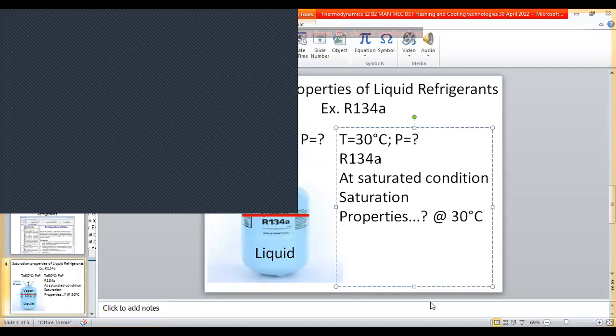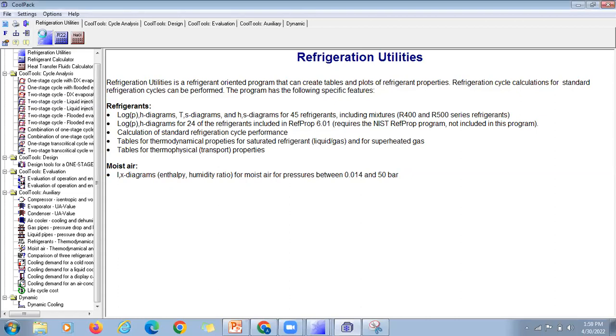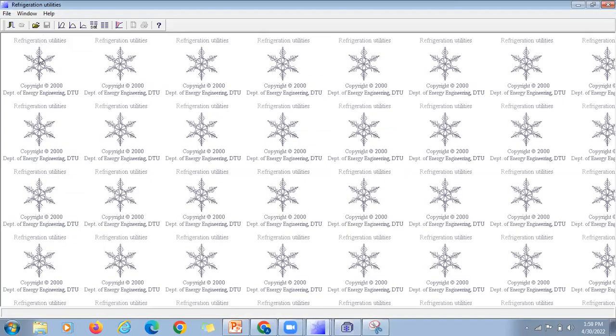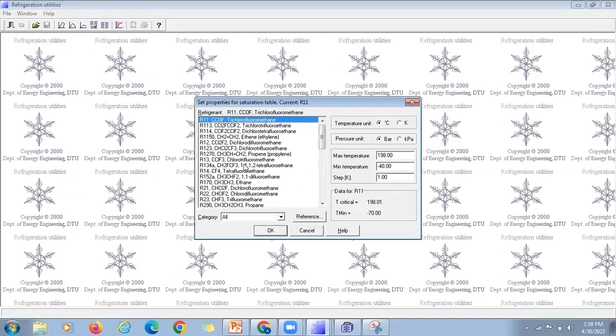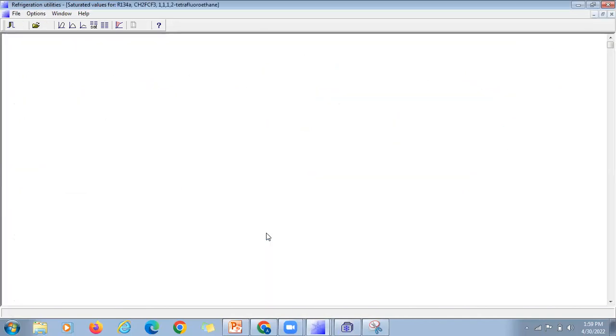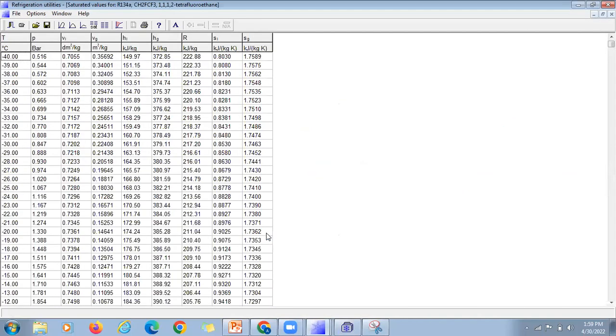I go to Coolpack and I look for the saturation properties of R134A. Otherwise, I have to download separate PDF files and look for all, but here it's all in one shot.